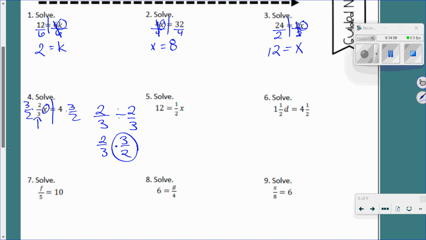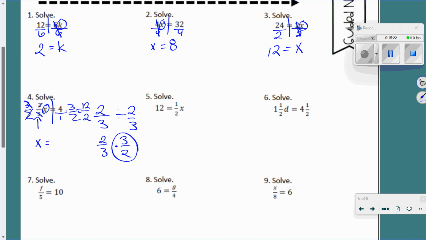Does that make sense? Any questions? All right, so the 3's cross each other out. These 2's cross each other out and leave x. I make the 4 a fraction. 4 times 3 is 12. 1 times 2 is 2. 12 divided by 2 is 6.